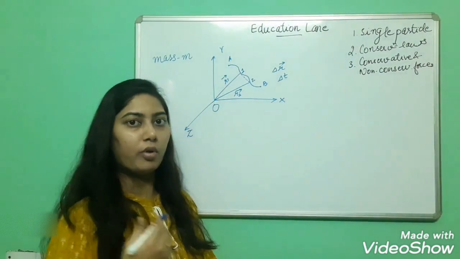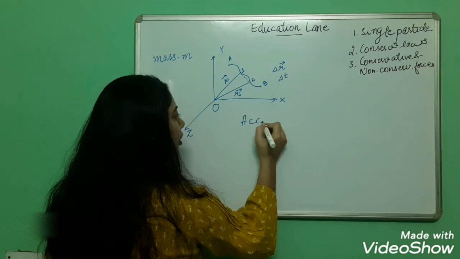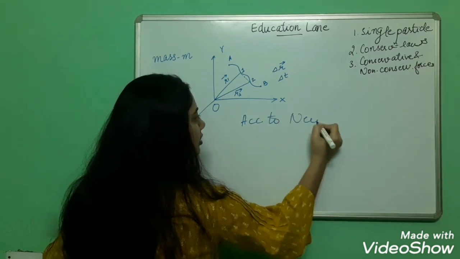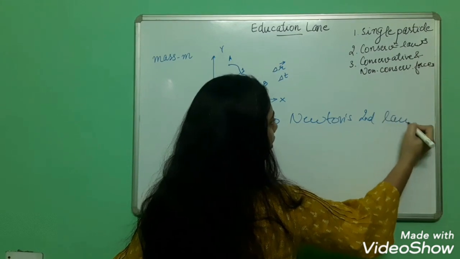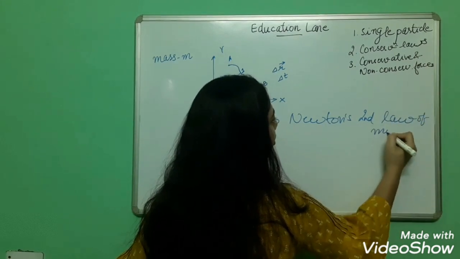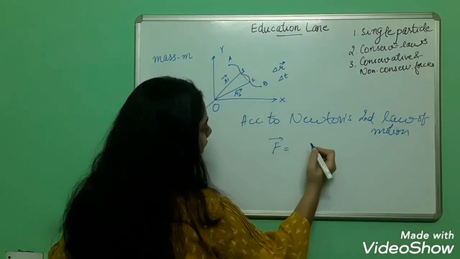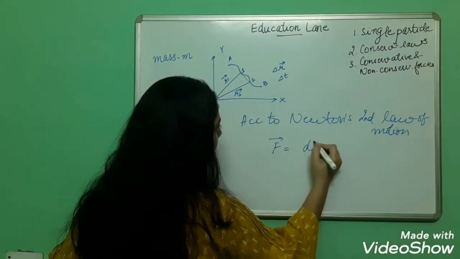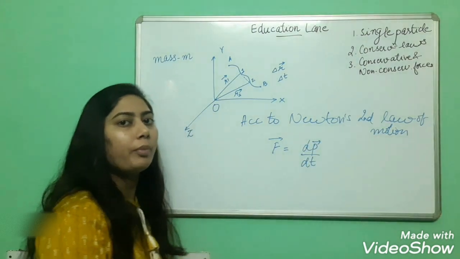Now I'll tell you the force acting on the particle. According to Newton's second law of motion, the external force acting on the object is the change in linear momentum with respect to time. Now what is linear momentum?